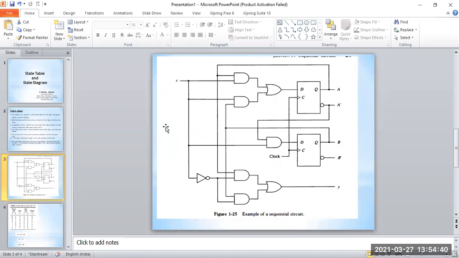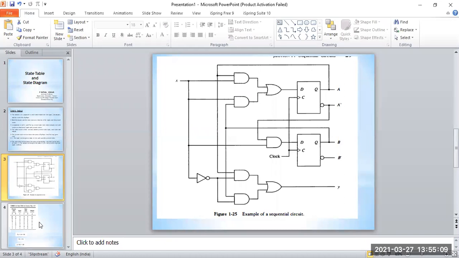In this example, we have an input X, which is an external input, and the current state inputs A and B. When we combine the external input and the current state values and form an equation, they will give us the output Y.